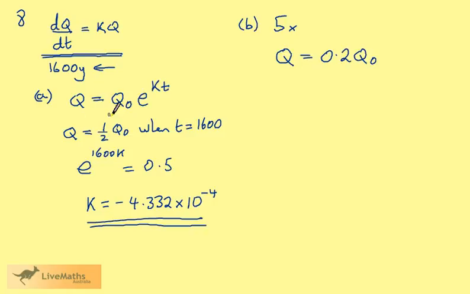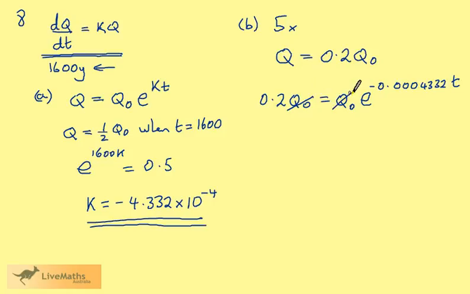Substituting what we know into the equation then, we want 0.2 Q naught to be equal to Q naught times e to the negative 0.004332 times t.